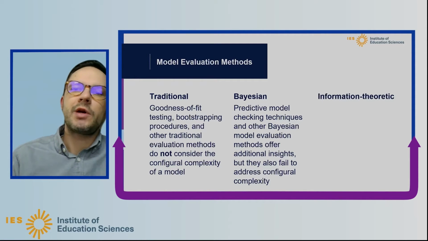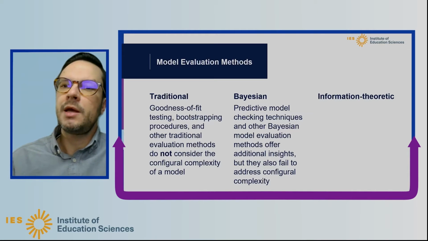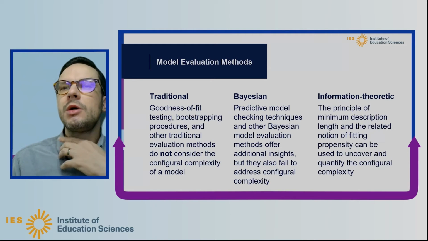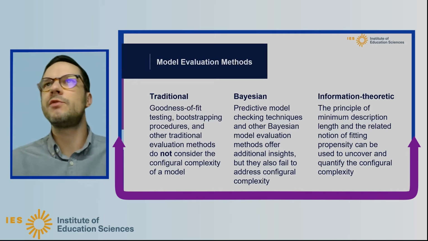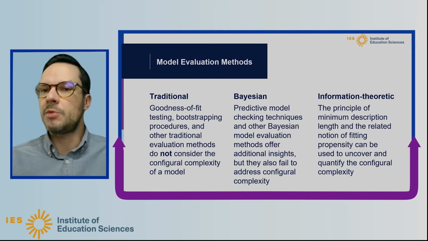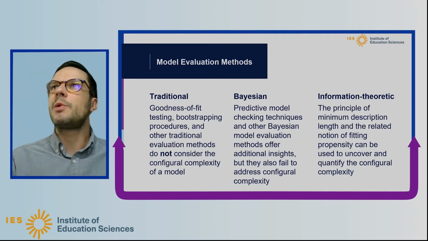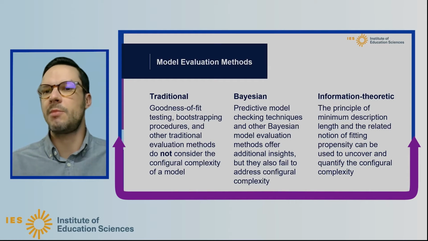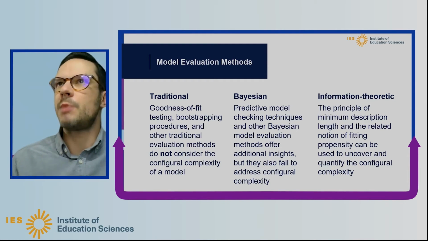An alternative, however, comes from information theory. Within information theory, the model evaluation methods allow us to investigate the configural complexity of a model. The principle of minimum description length in particular gives us insights into properties of a model, regardless of the data that are being fit with that model. So that's a really unique way to approach model evaluation.